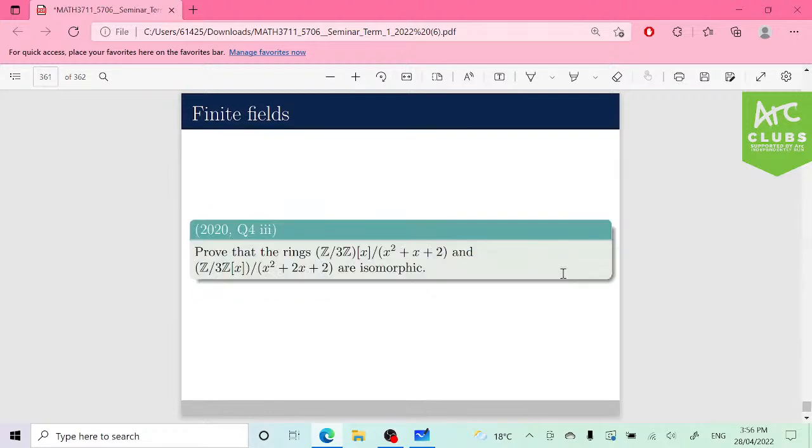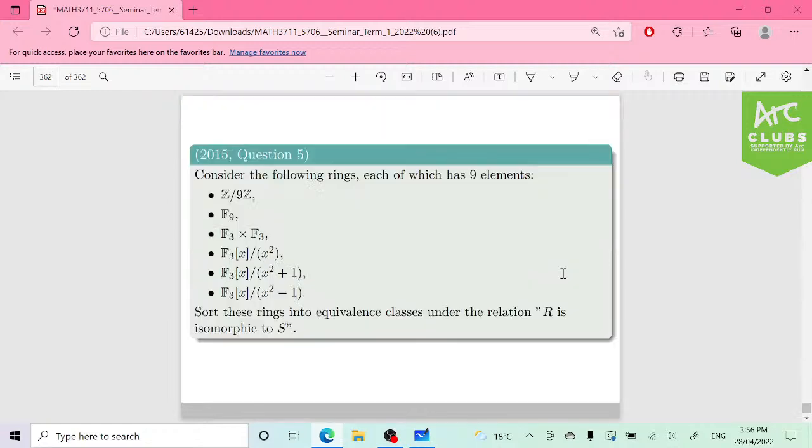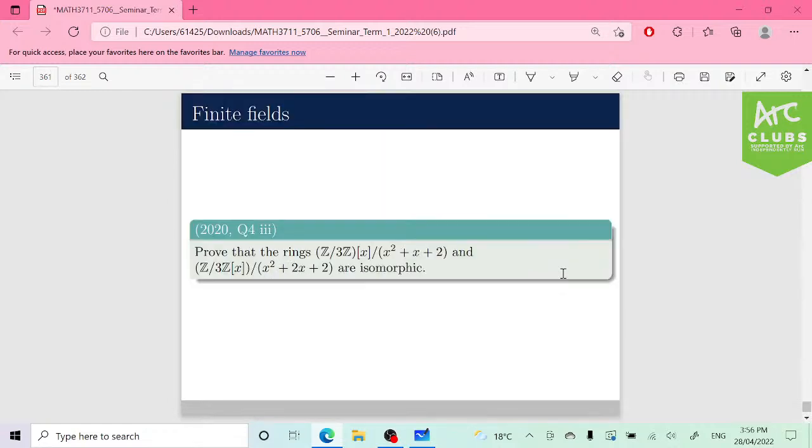Okay, so let's do these two questions. We're going to prove that these two rings are isomorphic, but it turns out that they're also fields. So let's have a look.